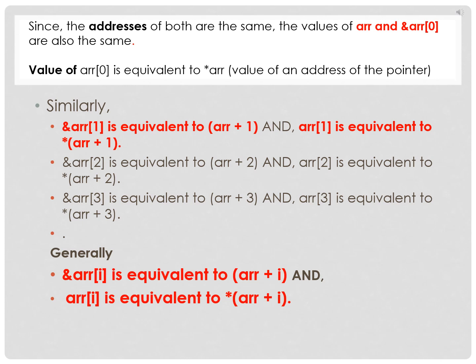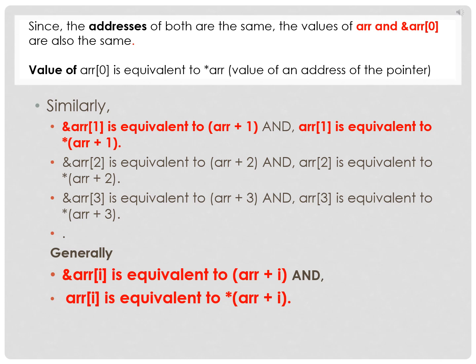Similarly, the value of arr[0] is equivalent to *arr. Now that is the first element. Now coming to the second element, the address arr+1 and &arr[1] are both the same. The value arr[1] and *(arr+1) are the same.